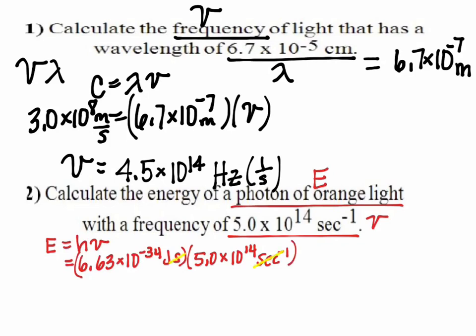Seconds cross out. And what do we get for energy? 2 sig figs. You guys should be getting calculators out and punching this in.